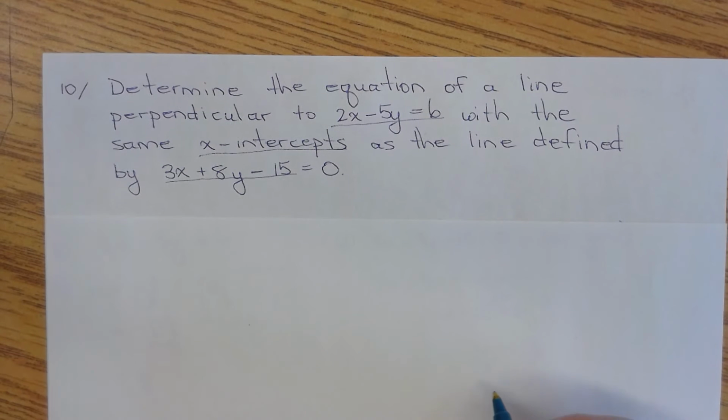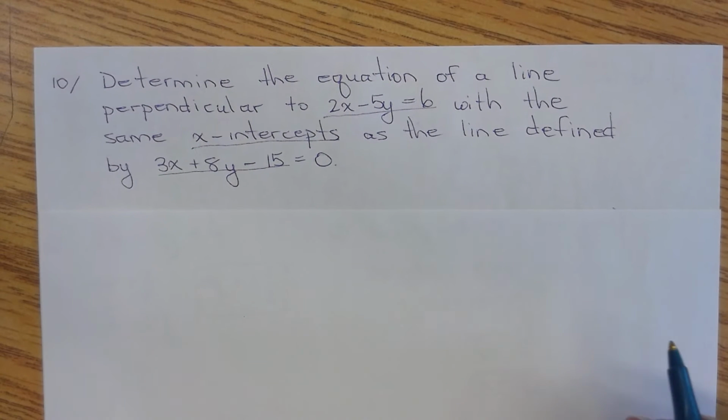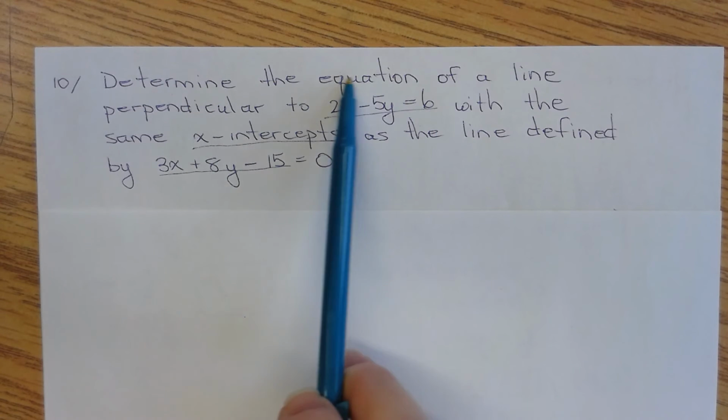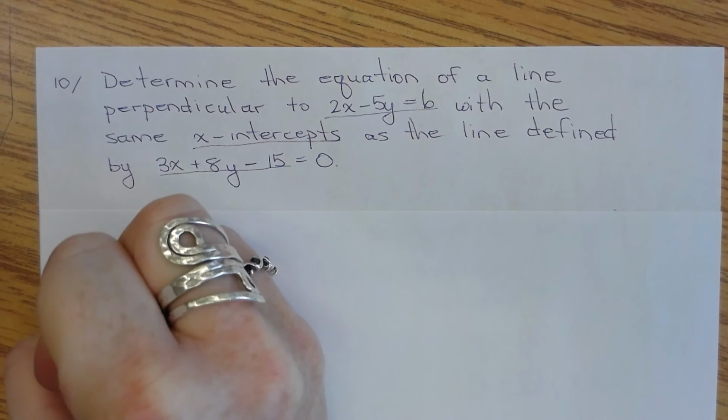So in order to find an equation of a line, we need the slope and a point. Where can we find the slope? Well, we know the line's perpendicular to this one, so we can find the slope from this line. First, we're going to find the slope.